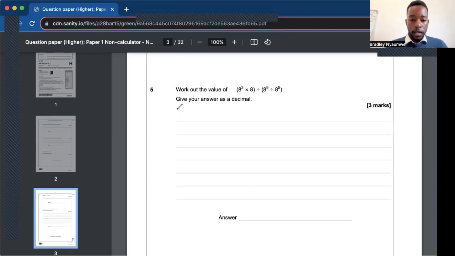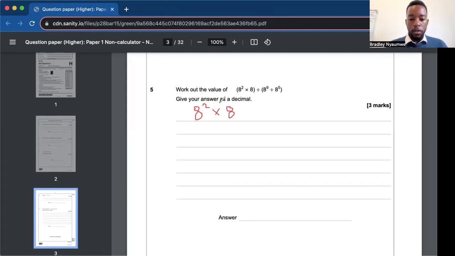Well, if we had 8 squared, and we're timesing it by 8, or we could say 8 to the power of 1, we add the indices together. So this equals 8 to the power of 3.